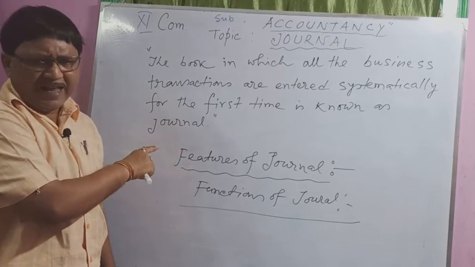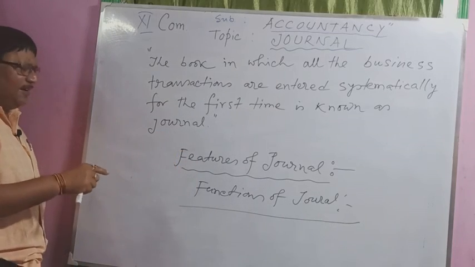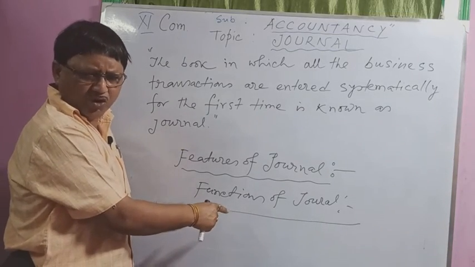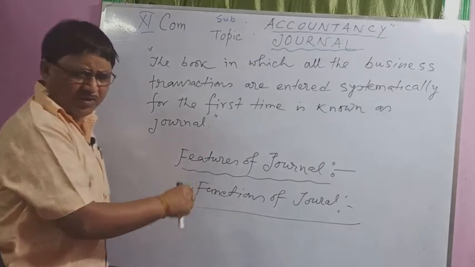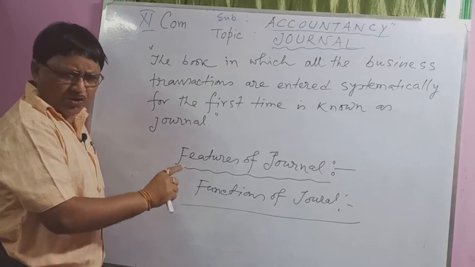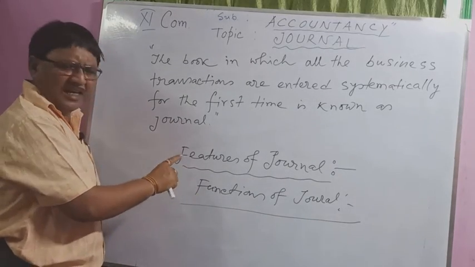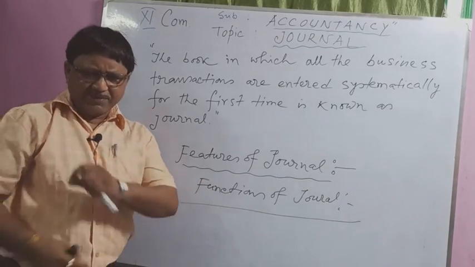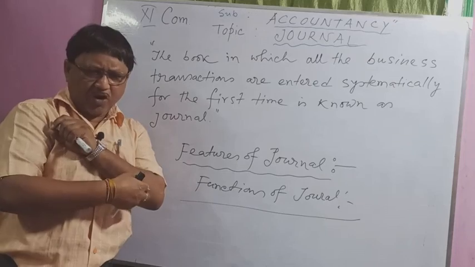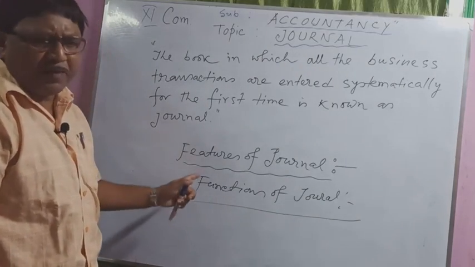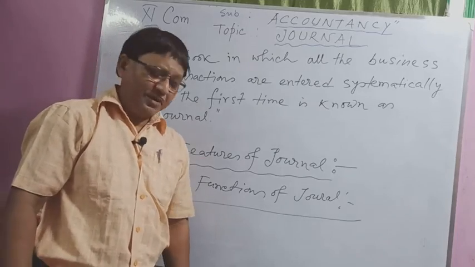Next, it explains the debit and credit under the double entry or dual aspect concept. Next, it provides a basis for posting entries into the ledger. Also, it keeps a separate, complete record of every business transaction at one place, and it is a permanent record of the business.